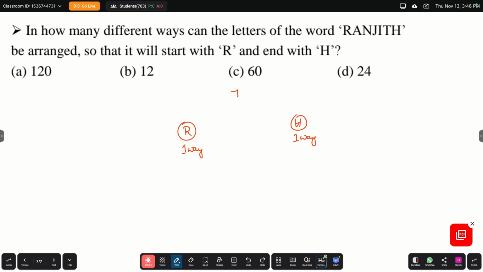So total letters will be 7. Out of 7 letters, 2 letters are placed. Remaining letters will be 5. 5 letters will be arranged in 5 factorial. 5 factorial equals 120.